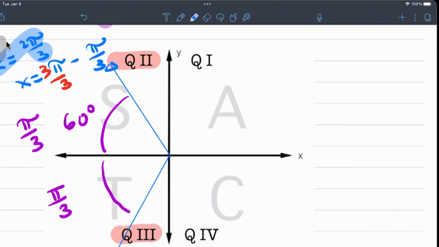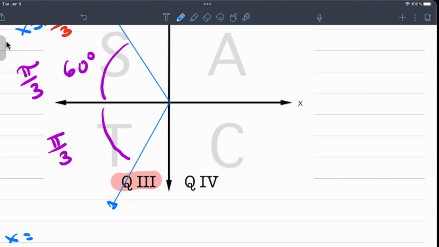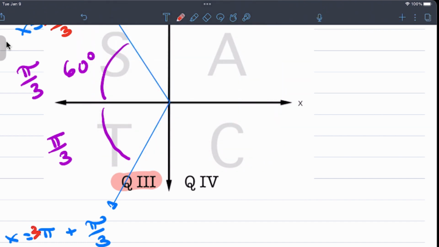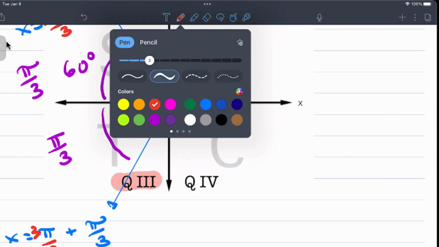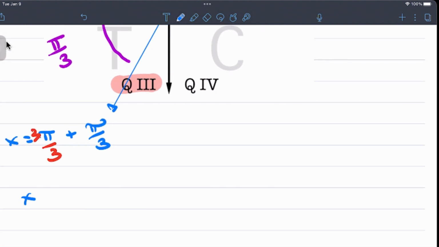So your quadrant 2 solution is 2 pi over 3. How do we get the quadrant 3 solution? That's pi plus pi over 3. And doesn't that give you 5 pi over 3? Sorry, not 5 pi over 3. Isn't that 4 pi over 3?